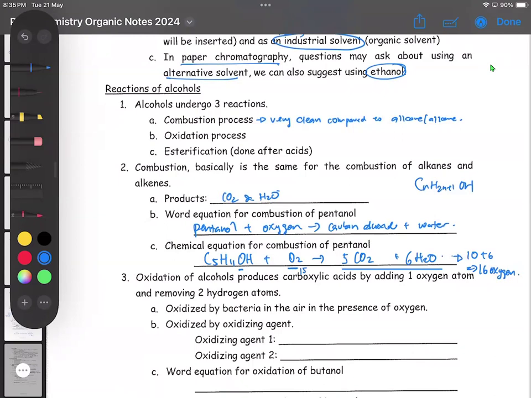Now, because this is O2, I put 7, not enough. I put 8, it will exceed. So the way to balance this is to put 15 over 2, because 15 over 2 times 2 gives us 15, then plus the oxygen from your pentanol, it is all balanced.